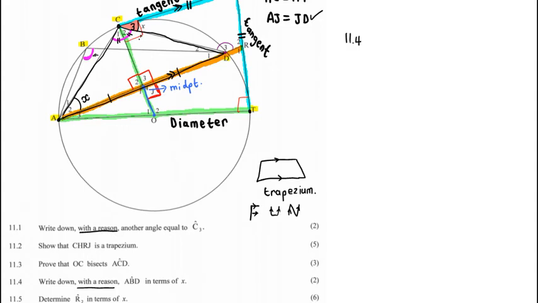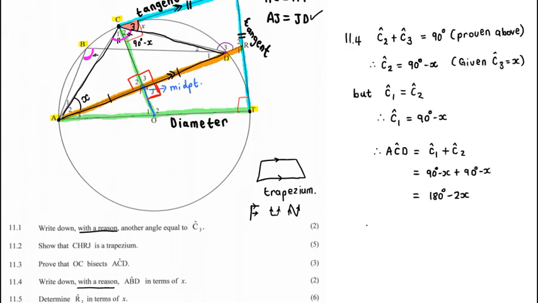So angle C2 is 90 degrees minus X, right? So which means that twice that is then going to be angle B, right? So let's write that out. Angle ABD is equal to angle ACD, and this is angles in the same segment.